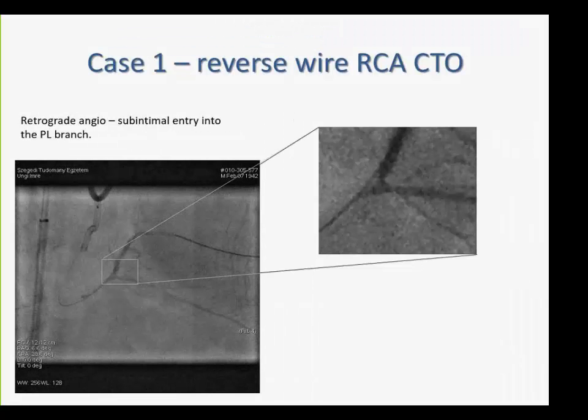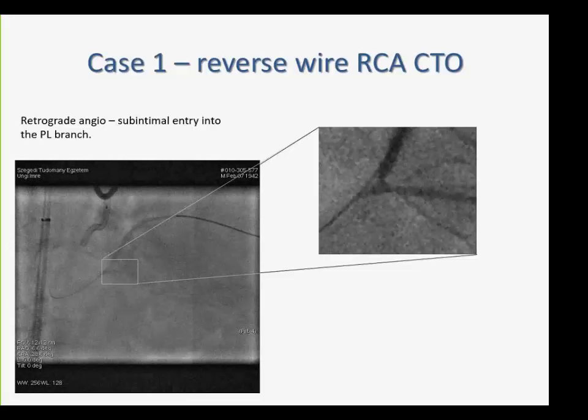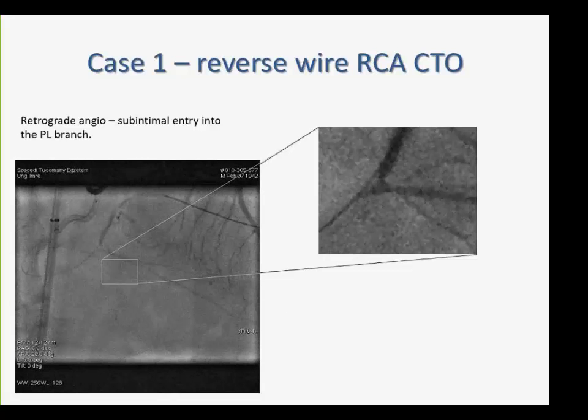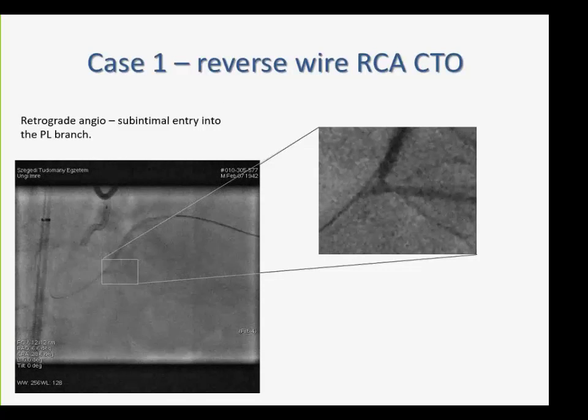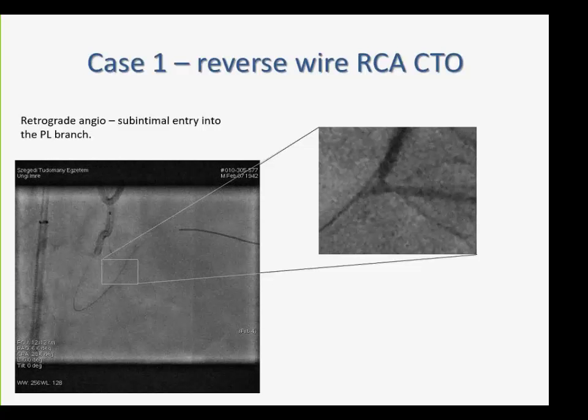When we checked with retrograde angio the position of the Gaia, it was in the true lumen of the posterolateral branch, but as is demonstrated on this enlarged magnified still image, the entry into the posterolateral branch was subintimal. So there was a 1 or 2 millimeter subintimal part of the Gaia wire.